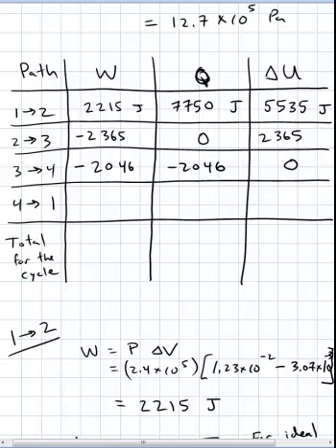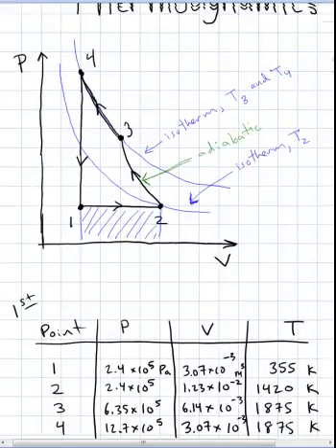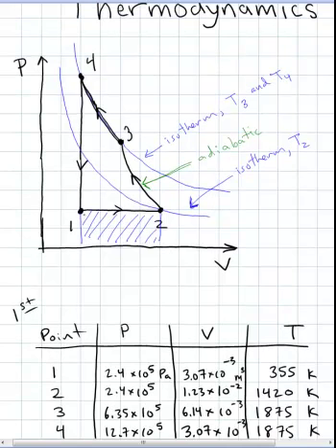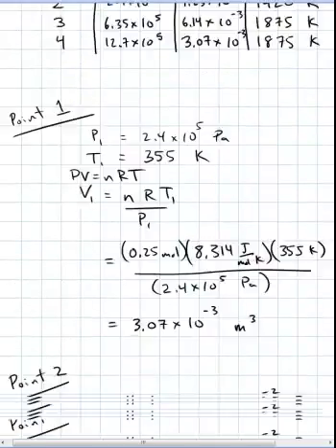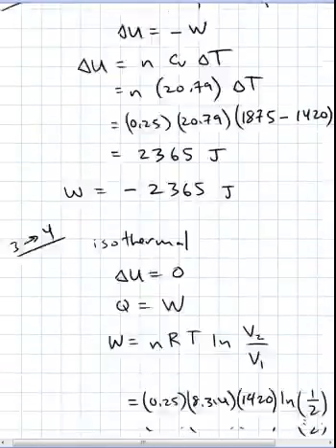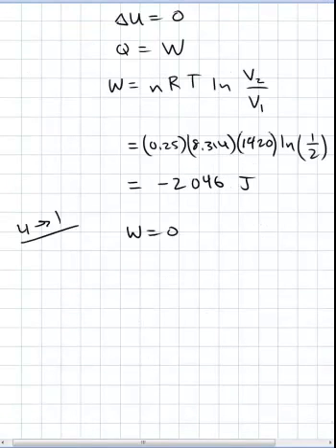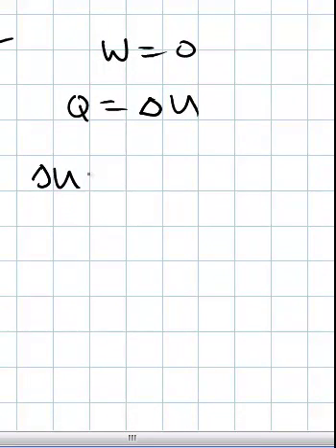And we have one more step. Let's look at it. We're going from 4 back to 1. So we know one thing right off the bat, the volume does not change. So the work is 0. That means that Q equals delta U, and delta U we can solve for.